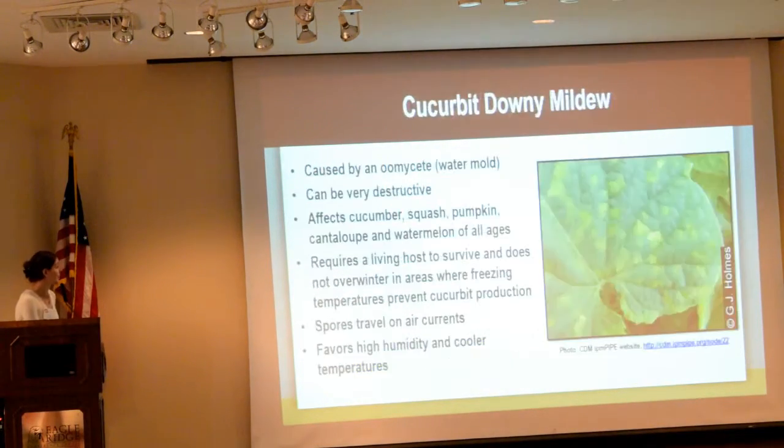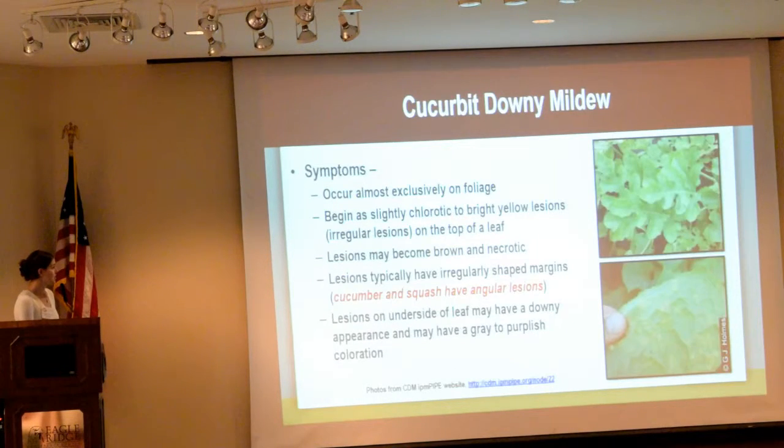Actually, I'm going to go through. People talked about cucurbit downy mildew, so just to give you a picture of what cucurbit downy mildew is in cucumber, it can be very destructive. On the upper surface, it begins as slightly chlorotic or bright yellow lesions.